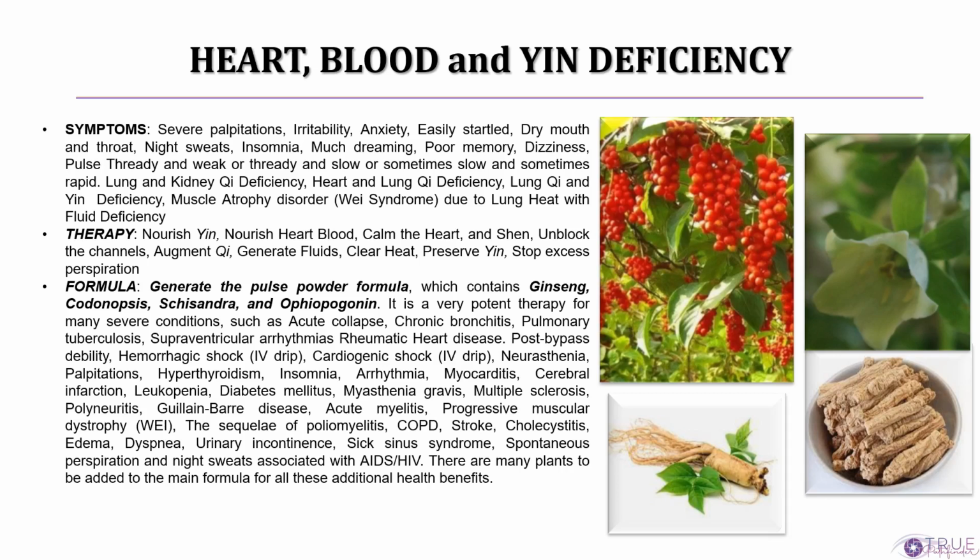And the formula, that is a powder formula that contains ginseng, Codonopsis, Schisandra, and Ophiopogon. It is a very potent therapy for many severe conditions, such as acute collapse, chronic bronchitis, pulmonary tuberculosis, supraventricular arrhythmias, rheumatic heart disease, post-bypass debility, hemorrhagic shocks, cardiogenic shocks, neurasthenia, palpitations, hyperthyroidism, insomnia.